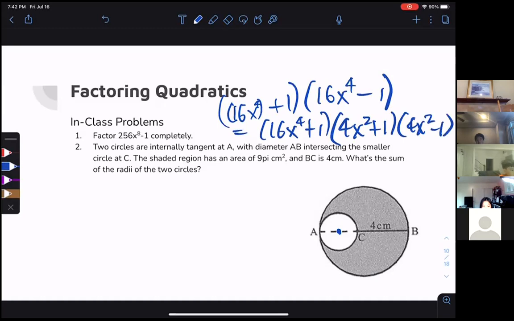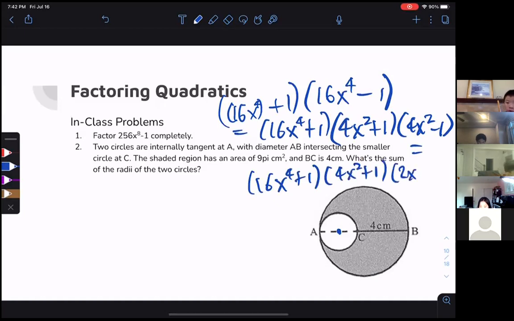And finally, we notice that 4x squared minus 1 is still a difference of squares. So that finally gives us 16x to the 4th plus 1 times 4x squared plus 1 times 2x plus 1 times 2x minus 1 as our final result for number 1.